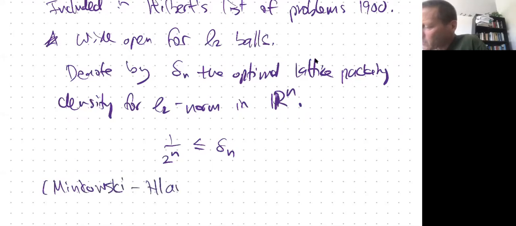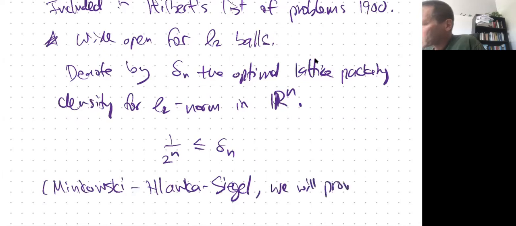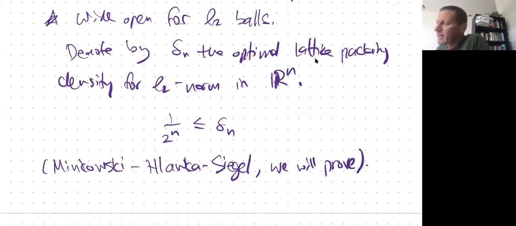I'll write down some names and we'll talk about the history later when we get there. So this is something we will do. This is usually attributed to Minkowski and Hlawka, and we're going to give another proof given by Siegel, and we're going to discuss this. So there are lattices for which you can achieve 1 over 2 to the n.